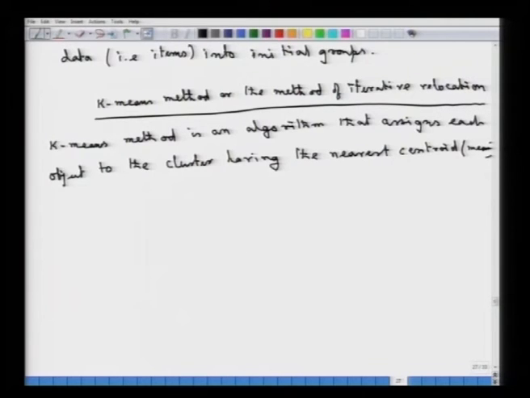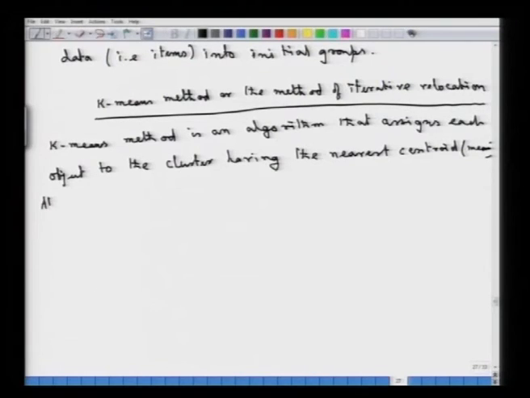So, we will have all such possible clusters, and then the k-means method will assign a particular object to a cluster if that cluster's centroid is nearest to that particular object when it is compared with the centroids of all the possible clusters into which the object can go, right.